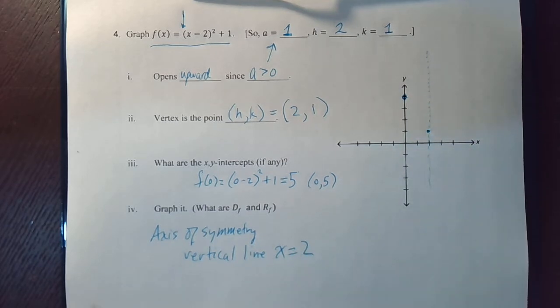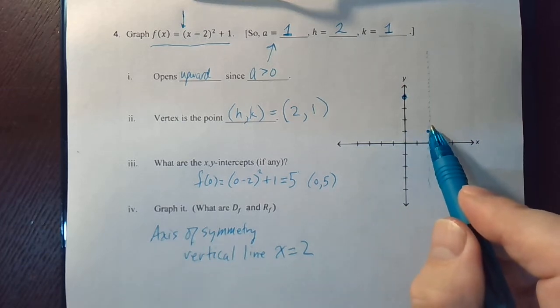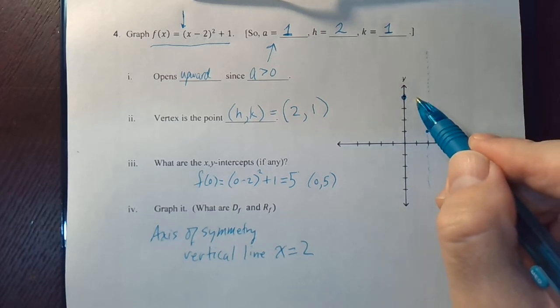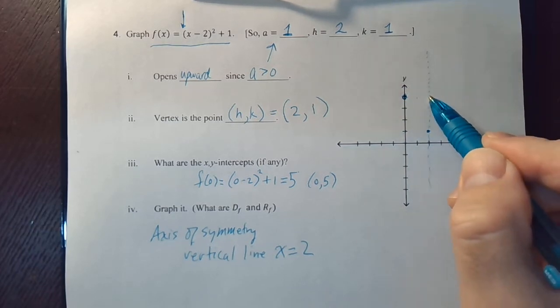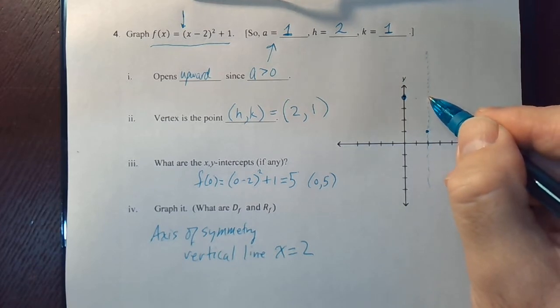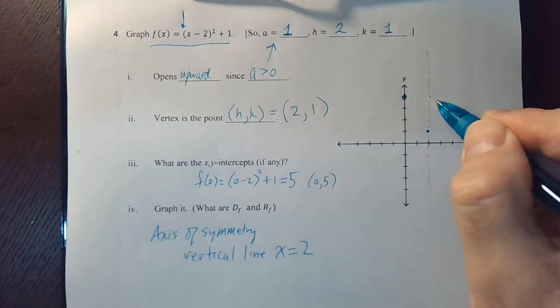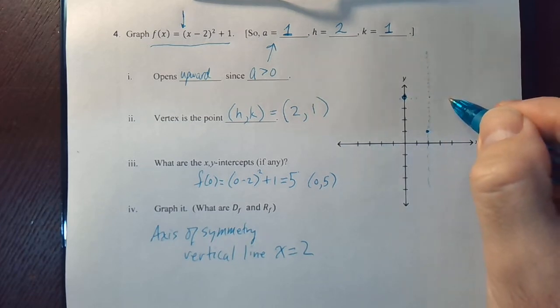But the beauty about graphing parabolas is it's a mirror image on the left and right of this axis of symmetry. So, if I've got this point, I know I can go to the right from the axis of symmetry. Notice if I go to the axis of symmetry and go left 2, I get that point. And now if I go right 2, I get another point.